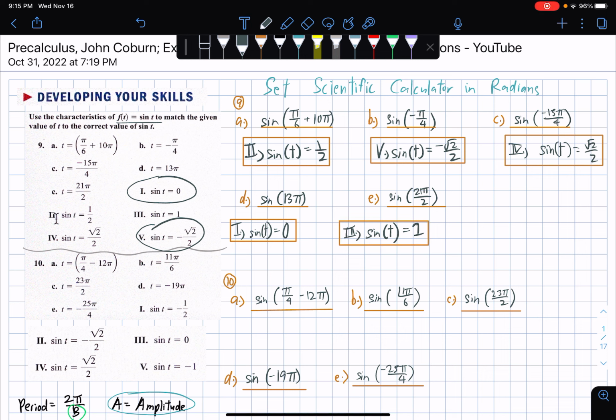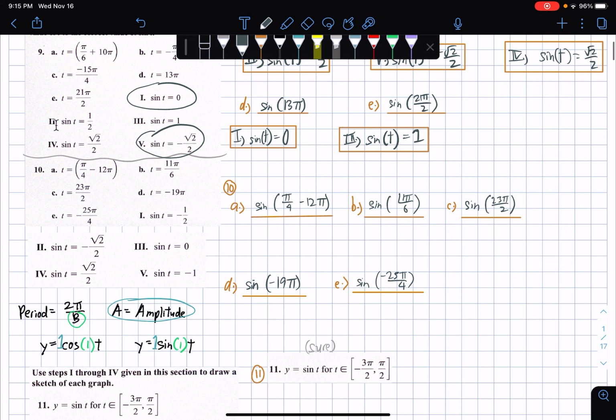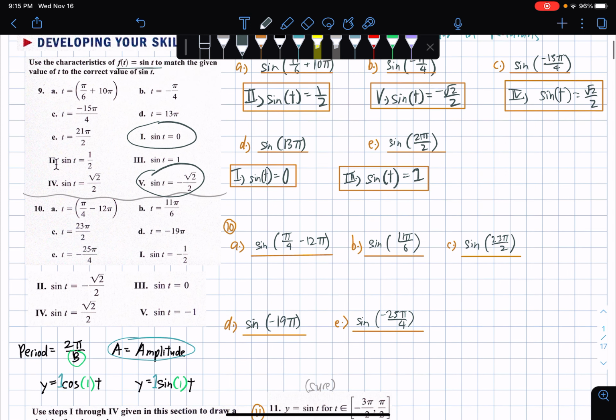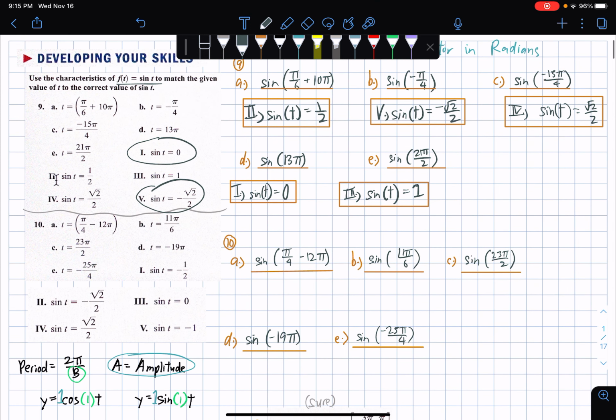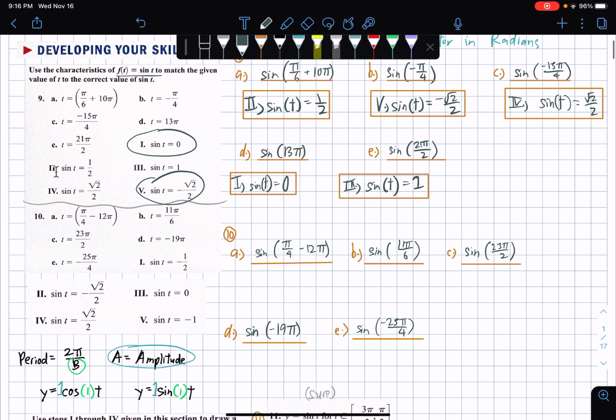So that's it for the first part. Let's move on to number 10. For letters A, B, C, D, and E, basically everything in number 10, there's no sine.